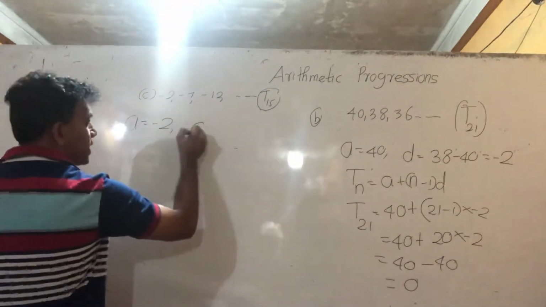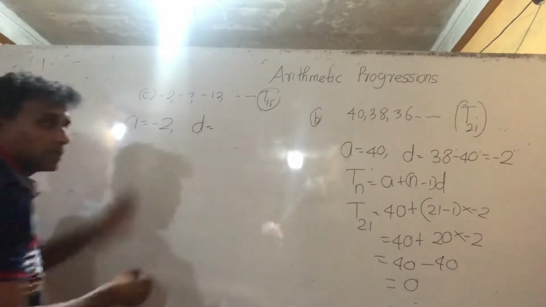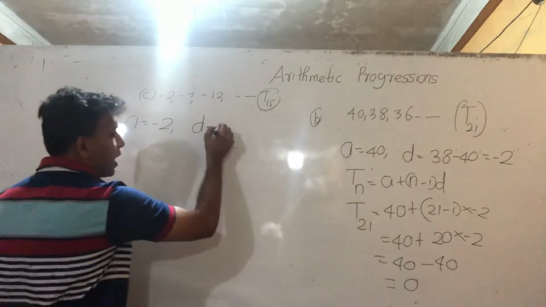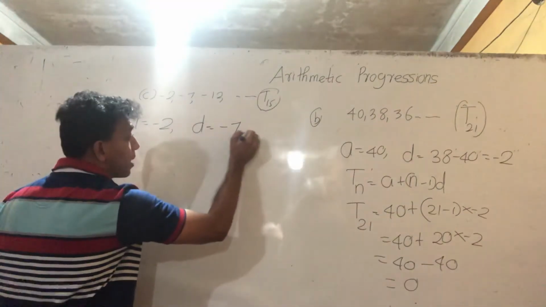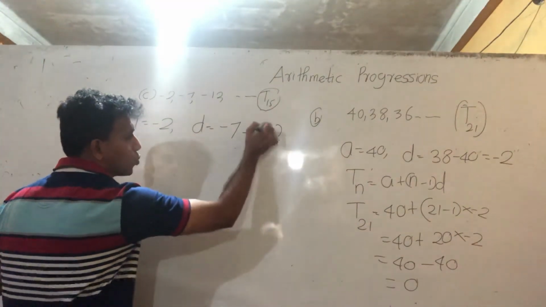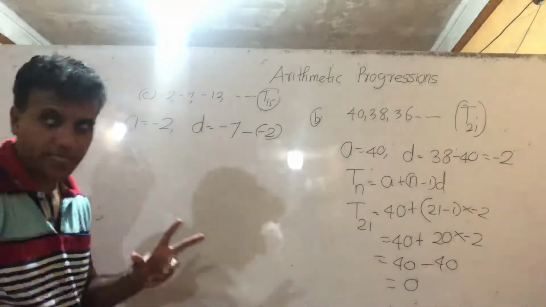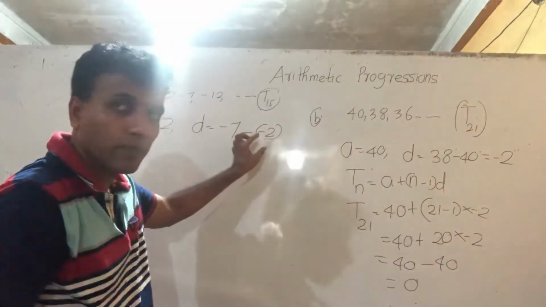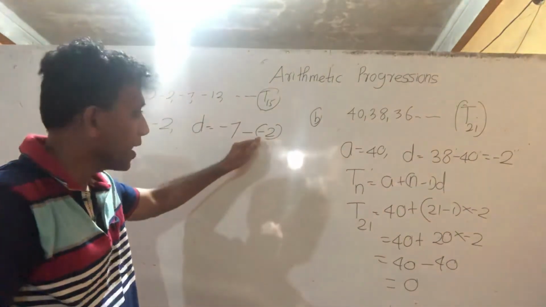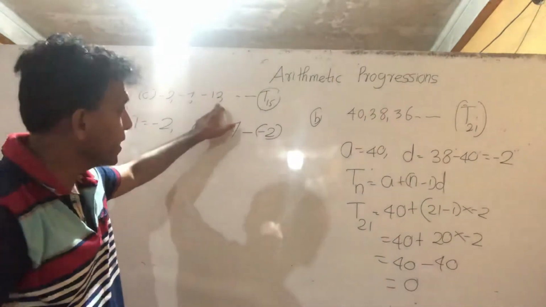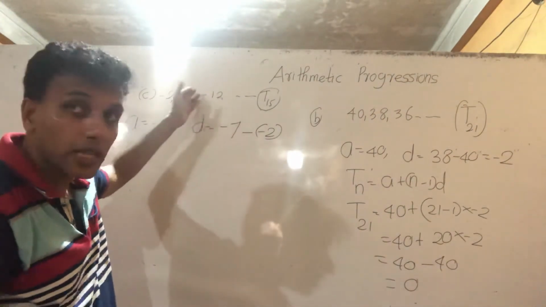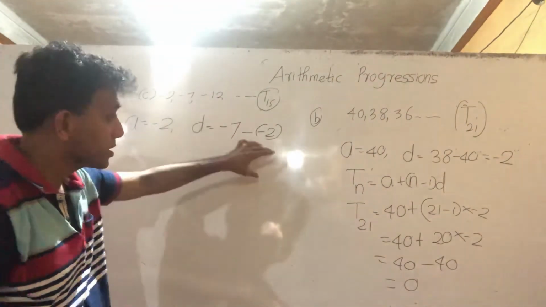What is the common difference? d, subtract. Minus 7, subtract minus 2, successive difference. Follow the order, see the bracket form. Take the behind term, subtract the previous: minus 7 subtract minus 2.